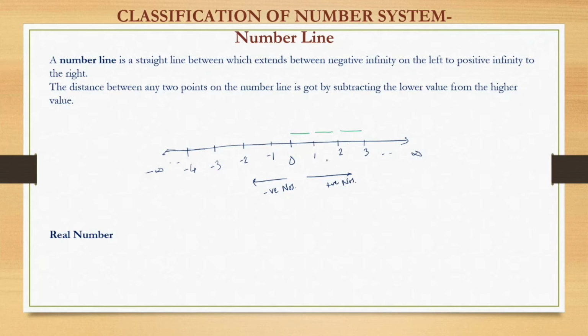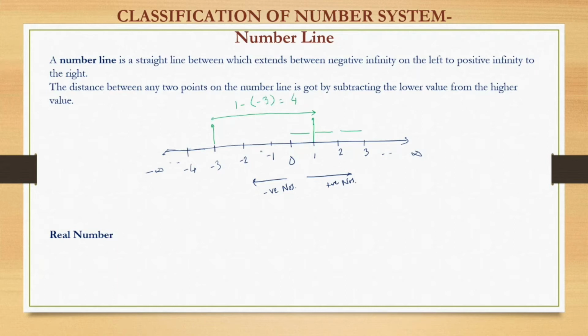So if you have to find the distance between 2 points on the number line, suppose you want to find the distance between -3 and 1 on the number line. What is the distance? Simply subtract the smaller number from the higher number. What is the higher number? 1, minus the smaller number, -3. So the distance becomes 4 units.